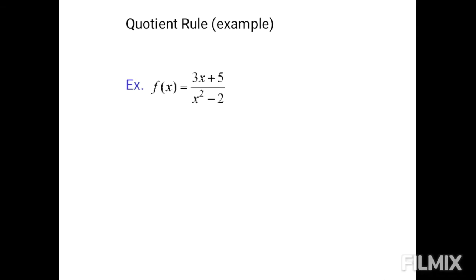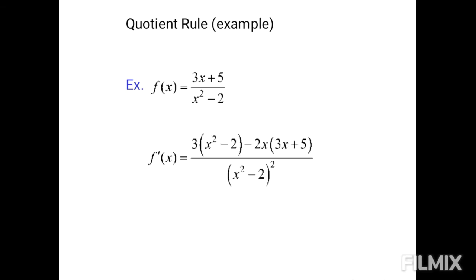So you have f of x is equal to 3x plus 5 all over x squared minus 2. And of course for our numerator we have our low, or what we call the denominator first. We have x squared minus 2 times the derivative of our high, or the numerator 3x plus 5.